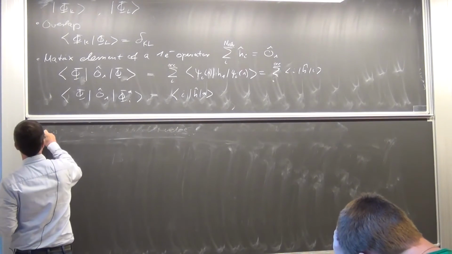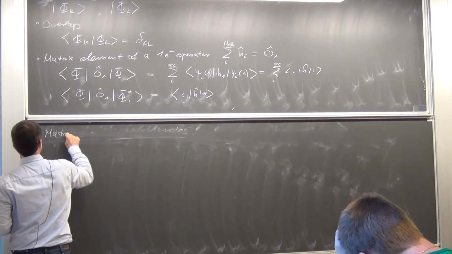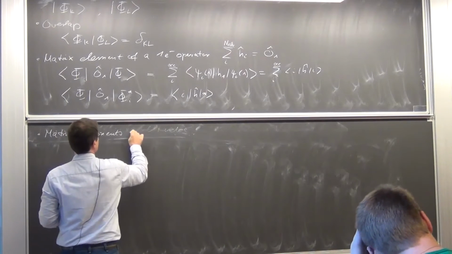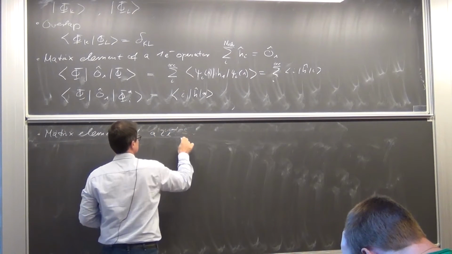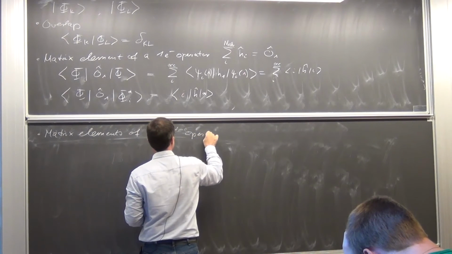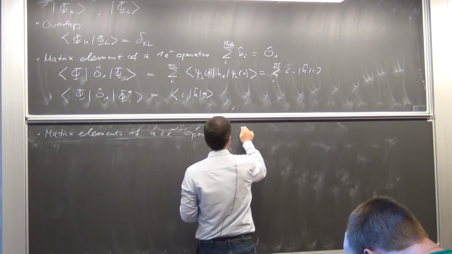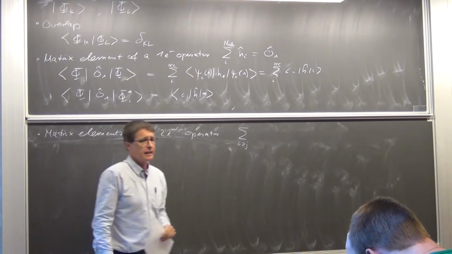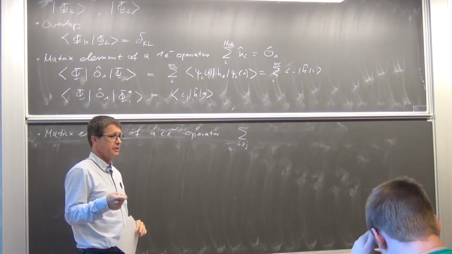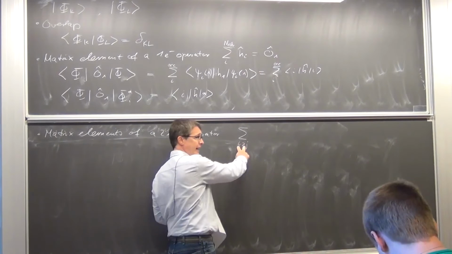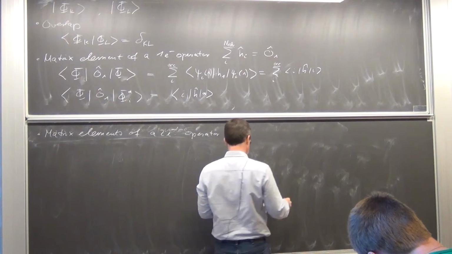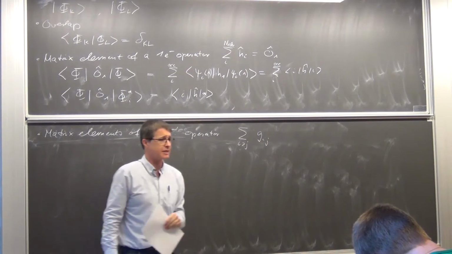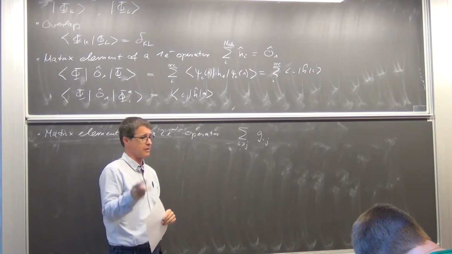Then the matrix elements of a two electron operator. Now what is a 2 electron operator? Well, that's an operator where for each contribution we have to sum over all pairs of electrons, because each term depends on 2 electrons.